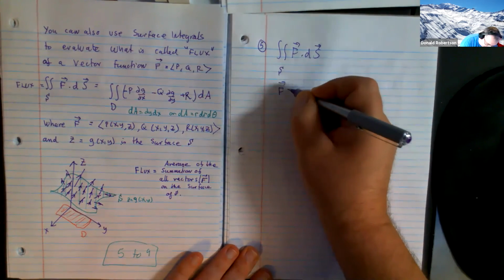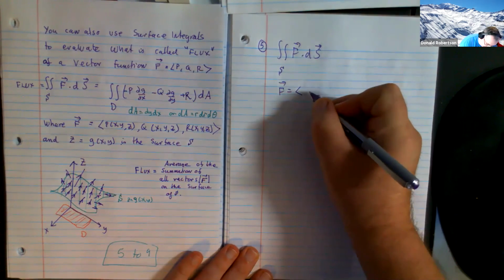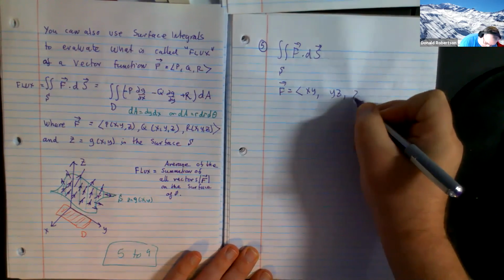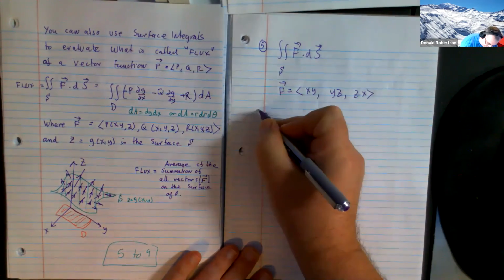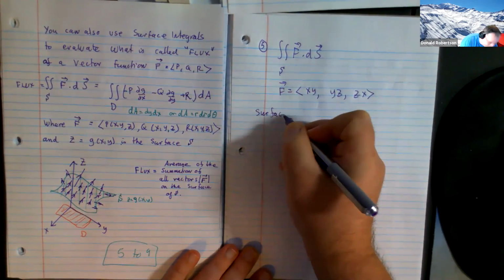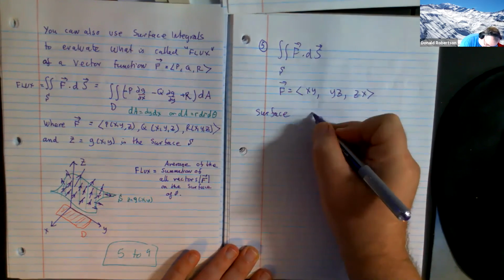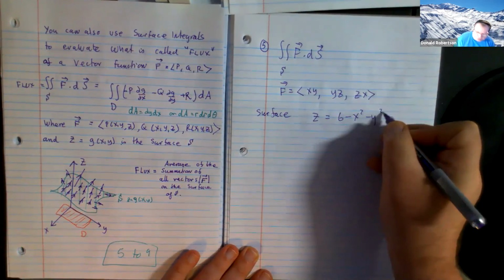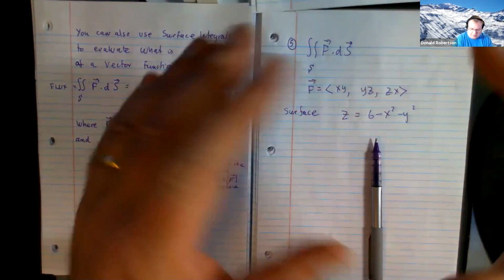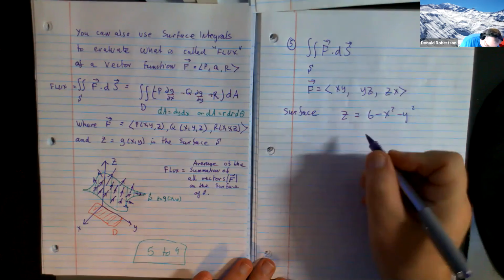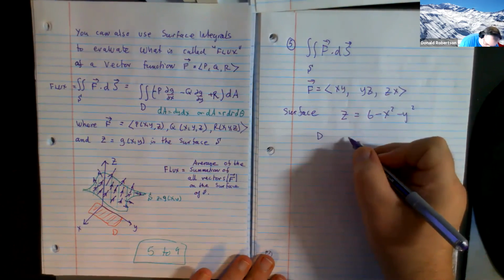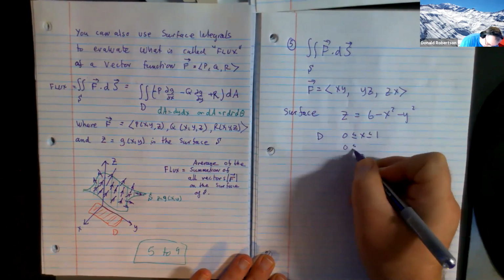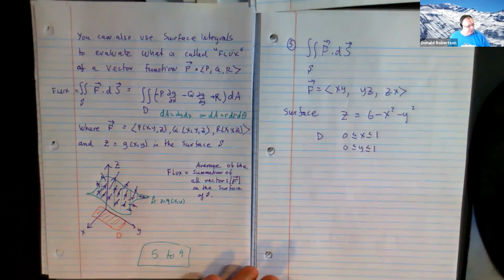The vector function F is given as xy, yz, zx. The surface in this question is being described by that guy, which is basically a hat coming down. And D is given to us directly, so we don't even need to calculate it. It's that guy.